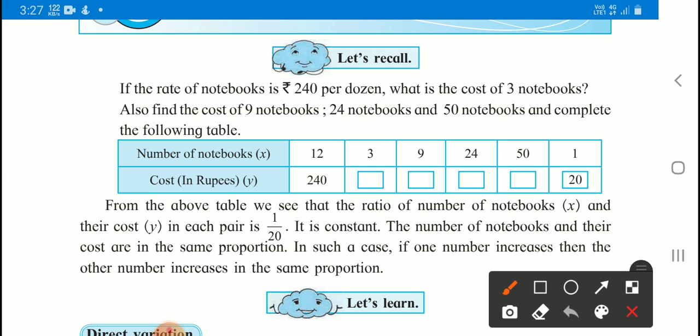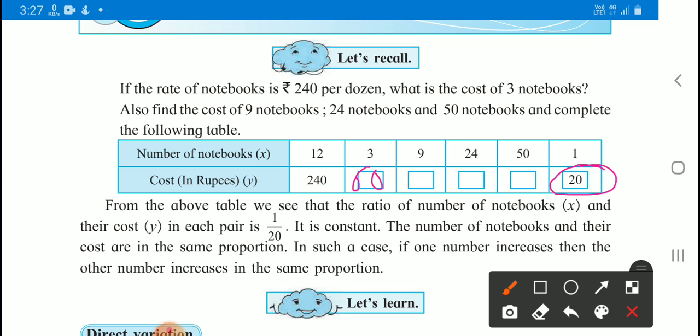Per dozen means the price of 12 notebooks is 240. So 240 divided by 12 gives one notebook's price, which will be 20. So what is the cost of 3 notebooks? 20 multiplied by 3, you will get 60. Correct?